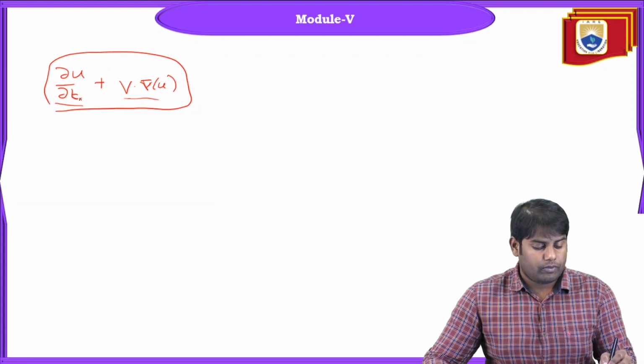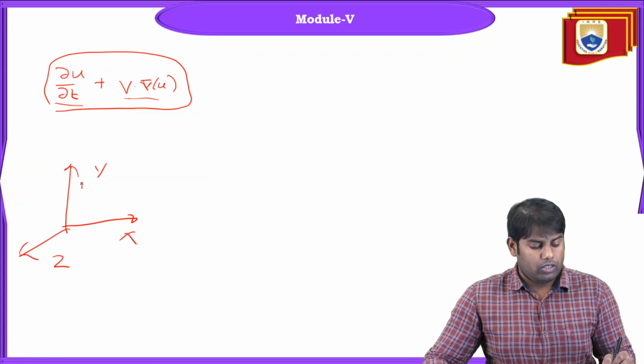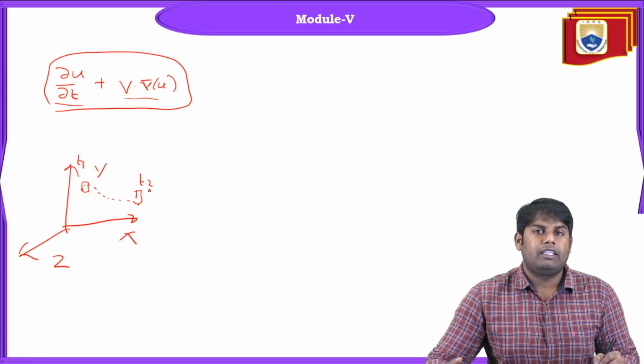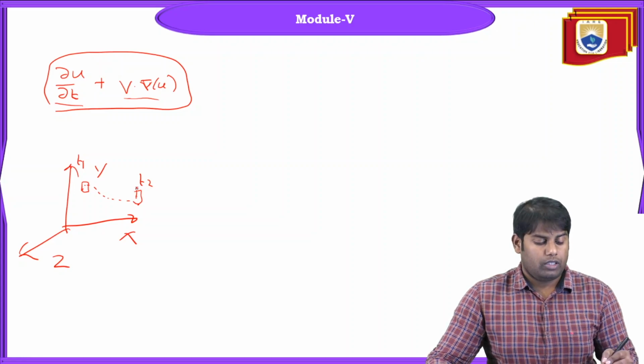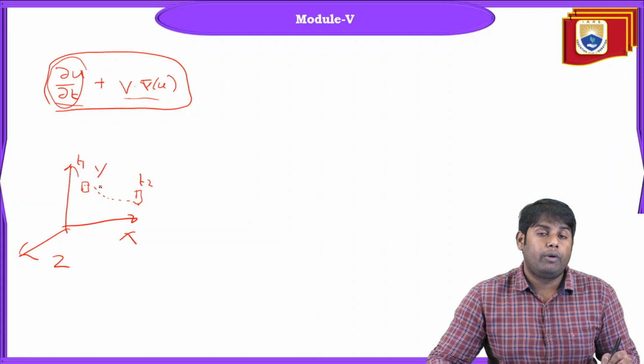The meaning is, you take a fluid particle, so you have x, y, z. A fluid particle is present, and it has to go from here to somewhere here, at time t equal to 1 and at time t equal to 2. When it is going between t equal to 1 and 2, the first term will give you, at every instant, the acceleration of the fluid particle, so it is called the local acceleration.